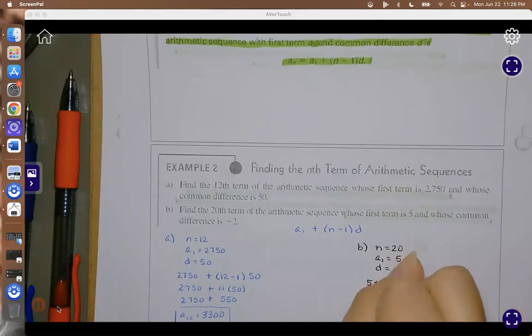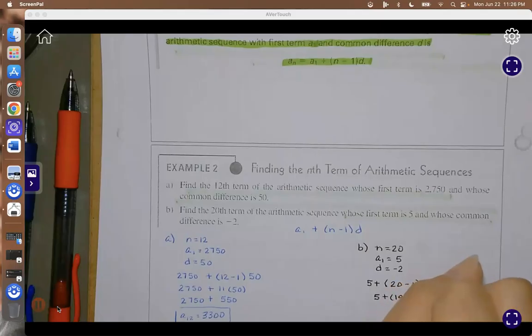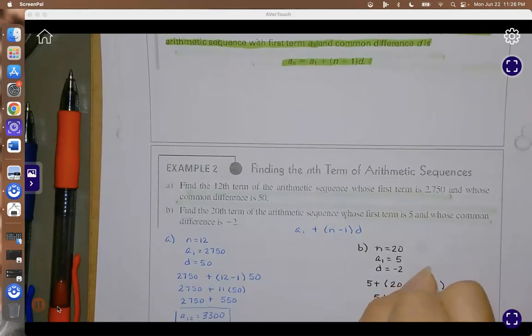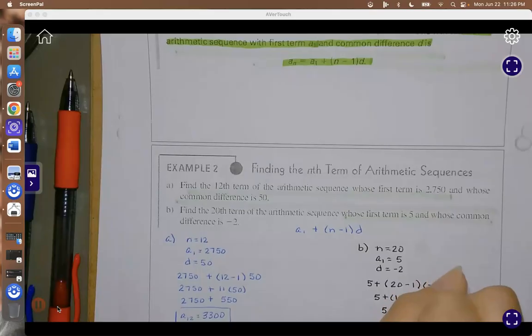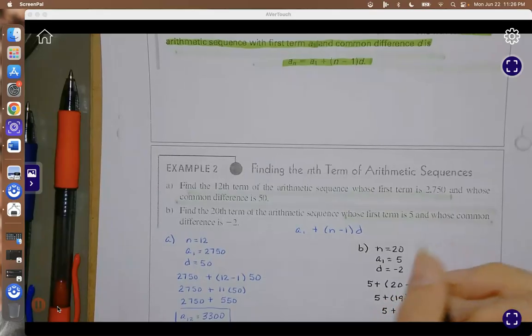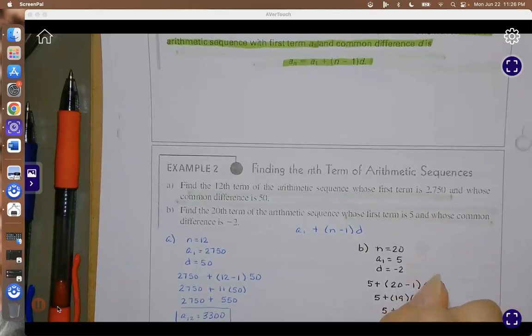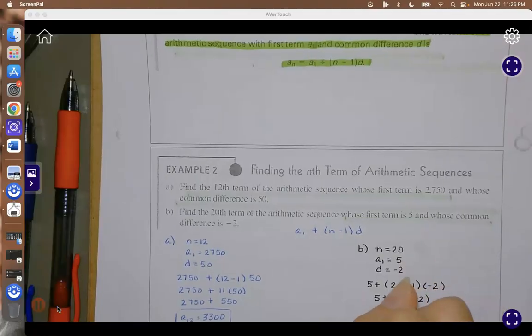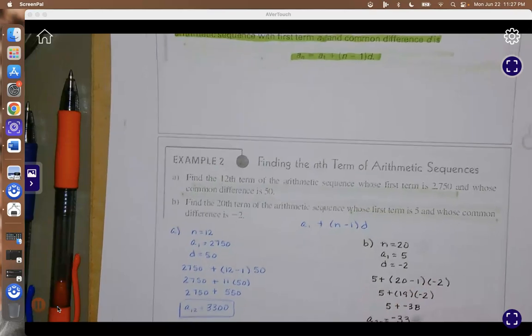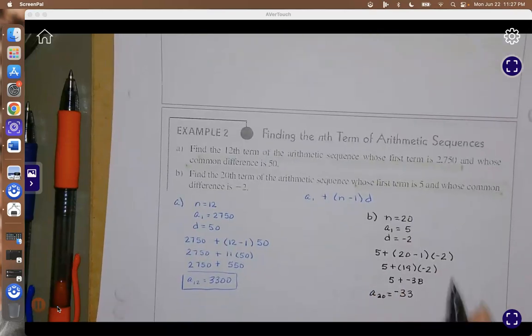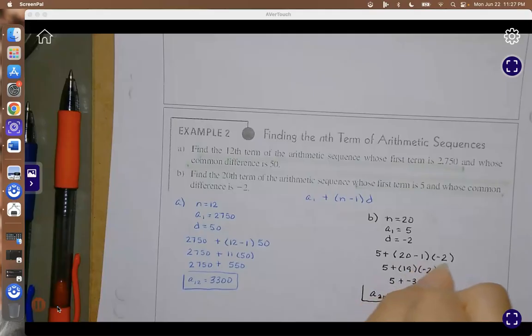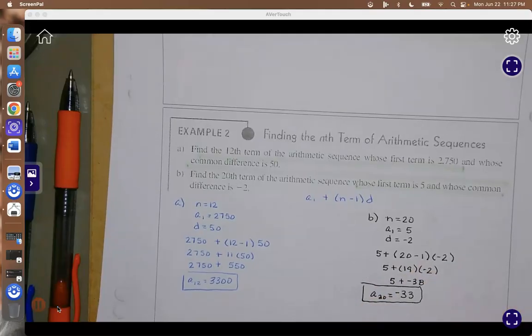So 20 minus 1 is 19. 19 times negative 2 is negative 38. Negative 38 plus 5 is negative 33. So the 20th term, you need to write it a sub 20 like that. When I say sub, that means subscript of 20. A sub 20 is negative 33.